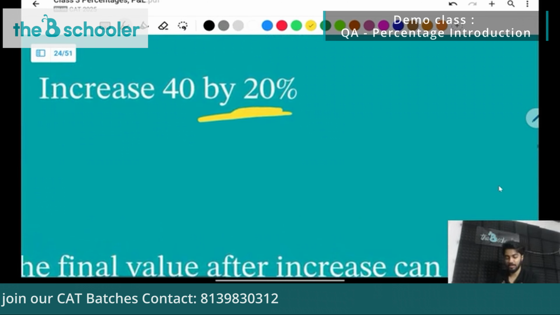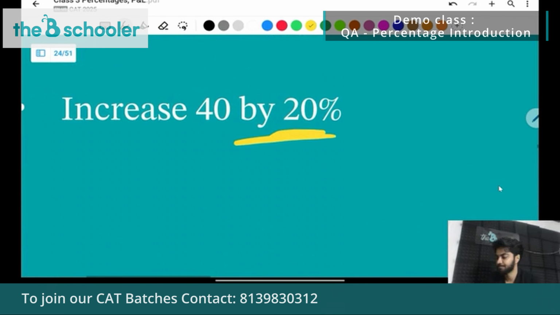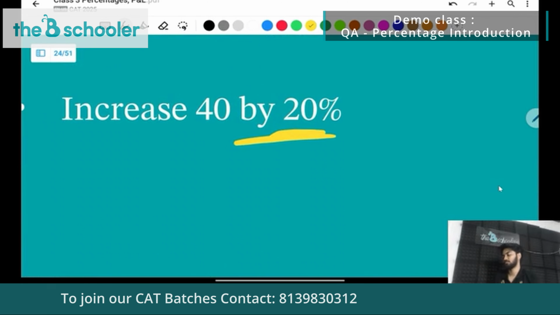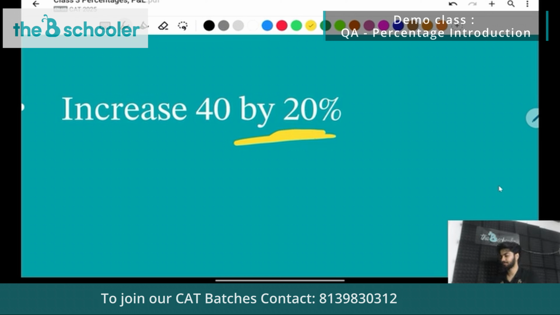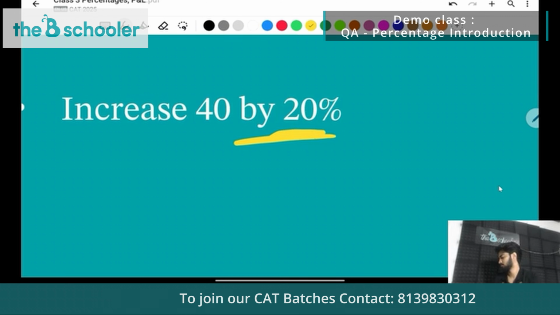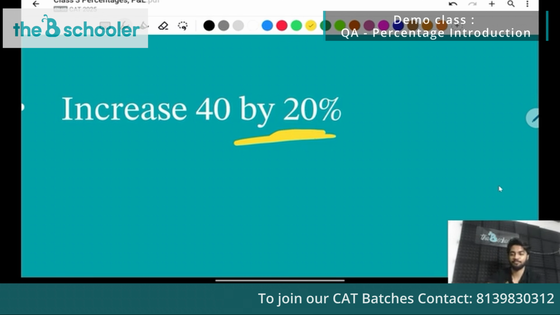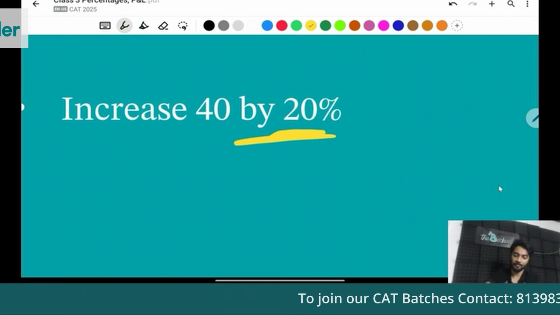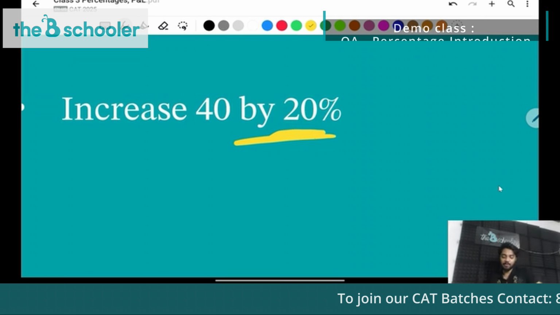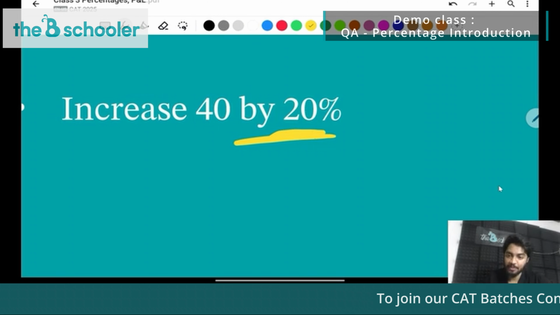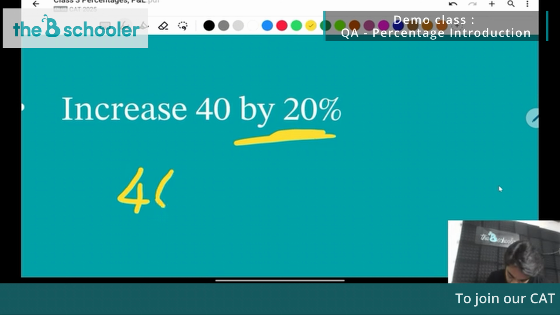Just do this. 48. Okay. So when we say increase 40 by 20 percent, what we say is the initial 40 is already there, and along with it add 20 percent of 40.